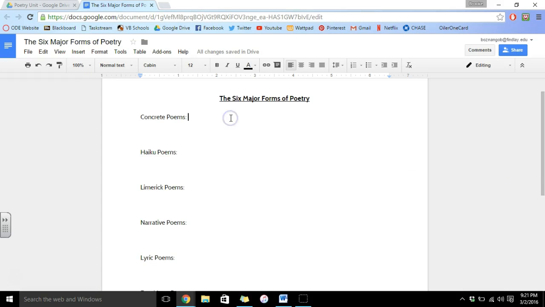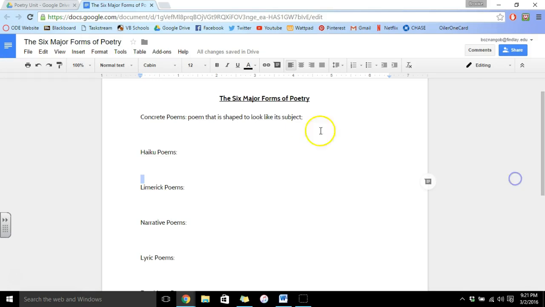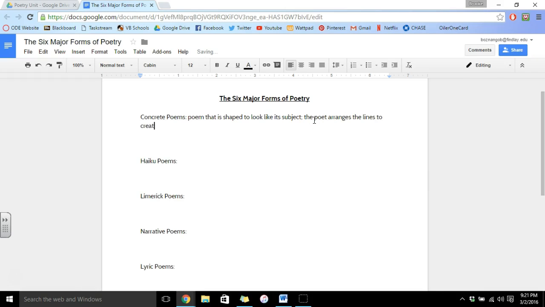And then it said that the poet arranges the lines to create a picture on the page.